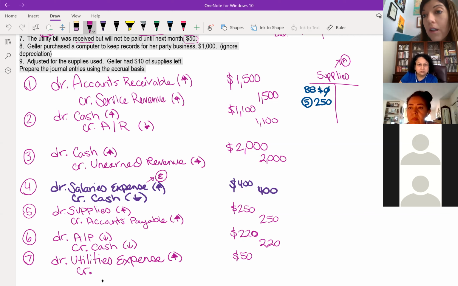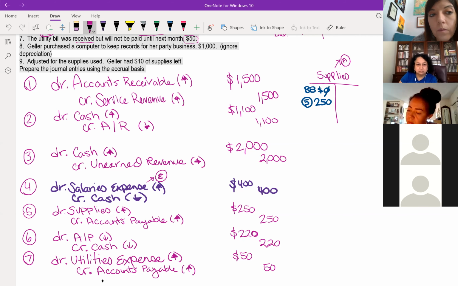It could be utilities payable. We'll just use accounts payable for now. Okay. But I would accept utilities payable as well. So accounts payable is increasing. We now owe $50 for that bill for those utilities that we used this month.